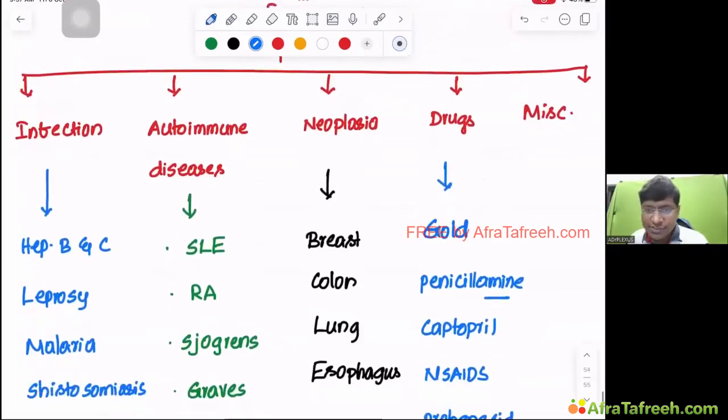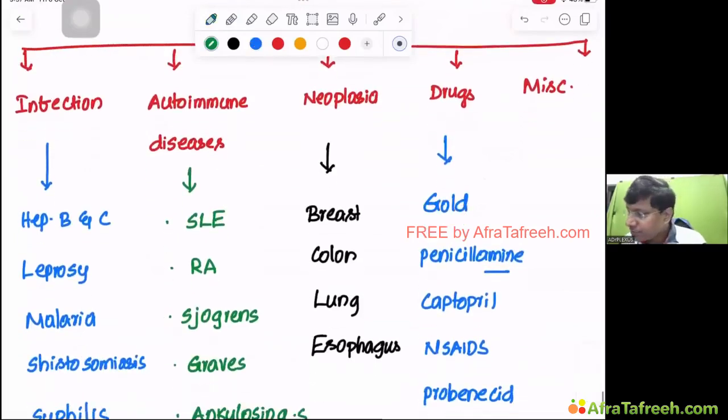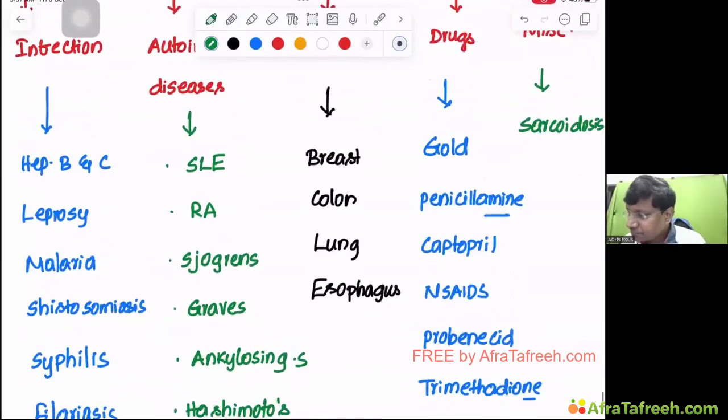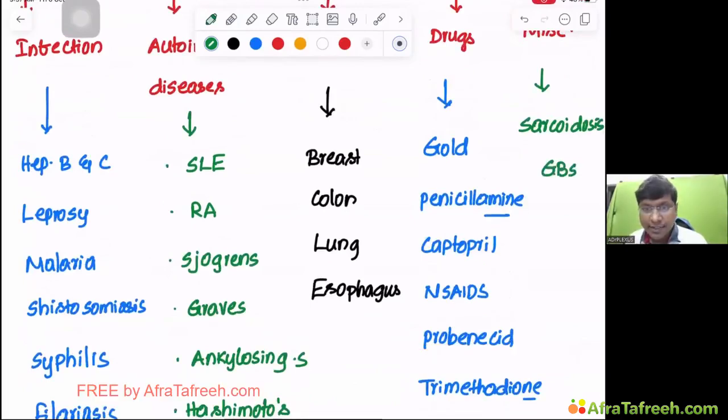Then the miscellaneous causes that will contribute to the development of membranous glomerulonephritis will be sarcoidosis, right, where there will be non-caseating granuloma. Then Guillain-Barré syndrome, right? Then alpha-1 antitrypsin deficiency.